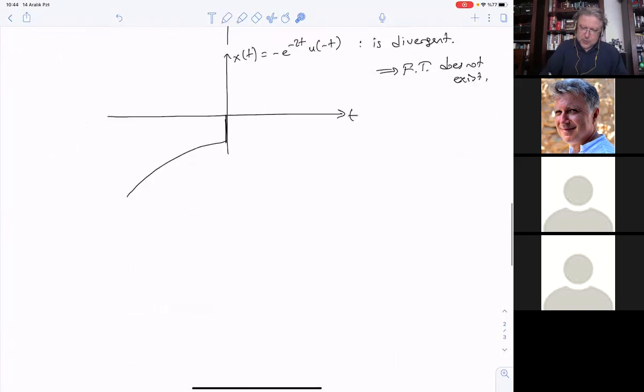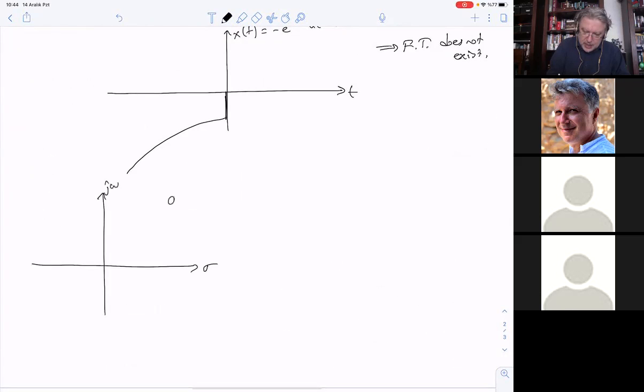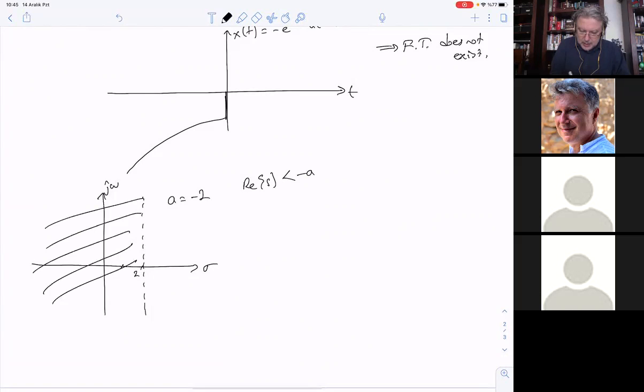However, if we continue with the same example and say that a is equal to minus 2, where this is sigma and this is j omega, then minus a will be here, which is 2. And the real part of s less than minus a will correspond to this place as the region of convergence.